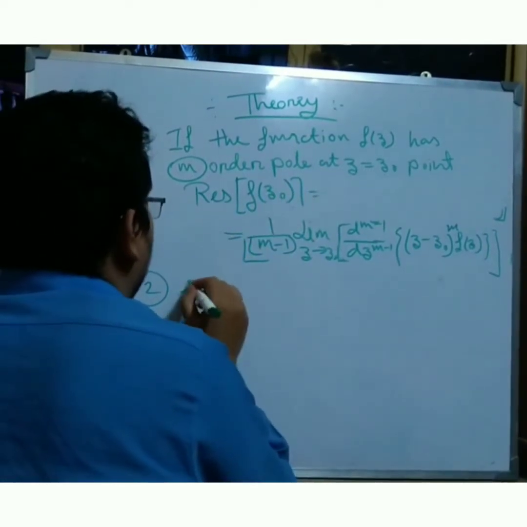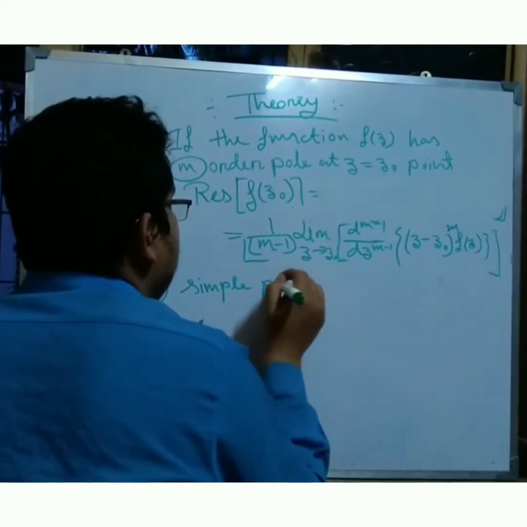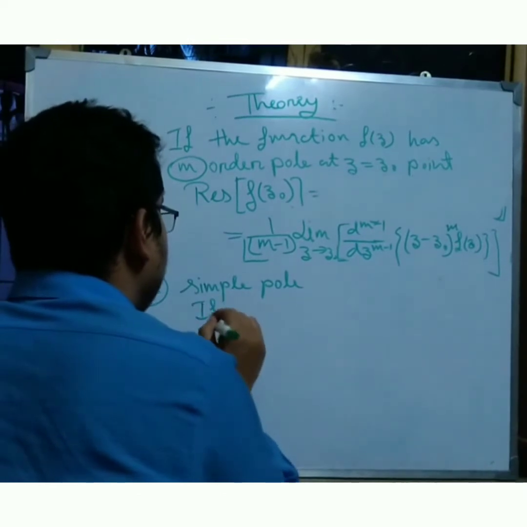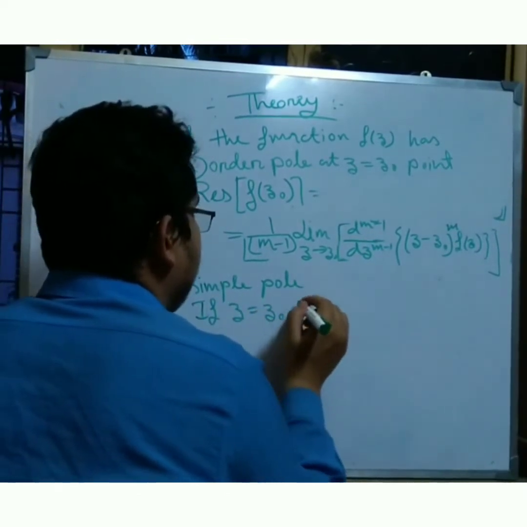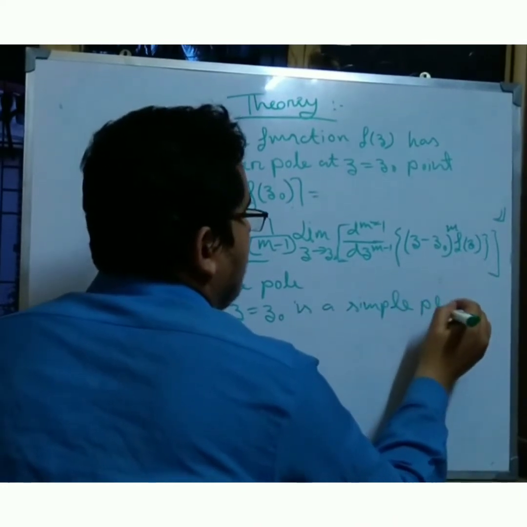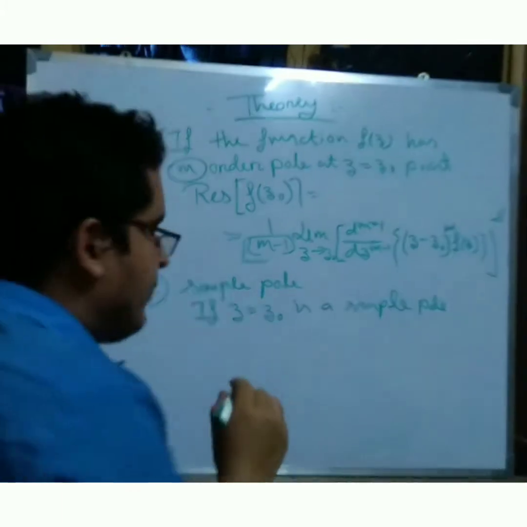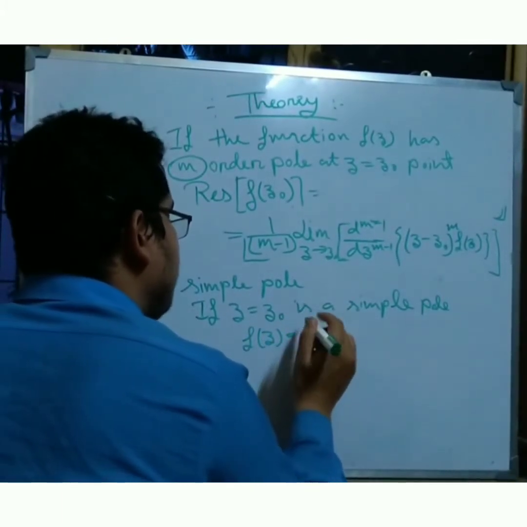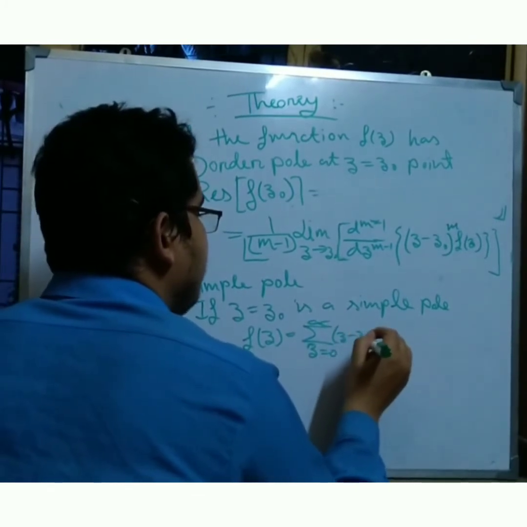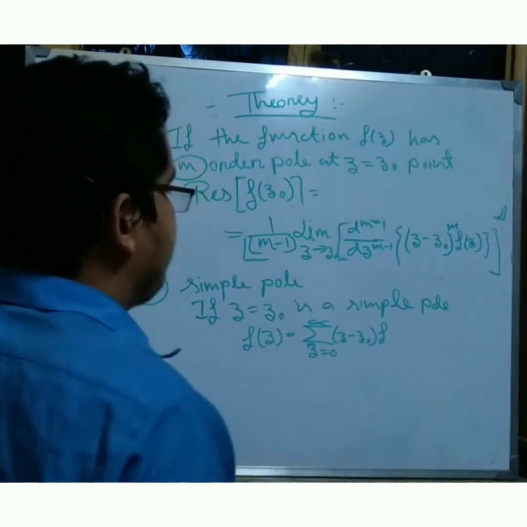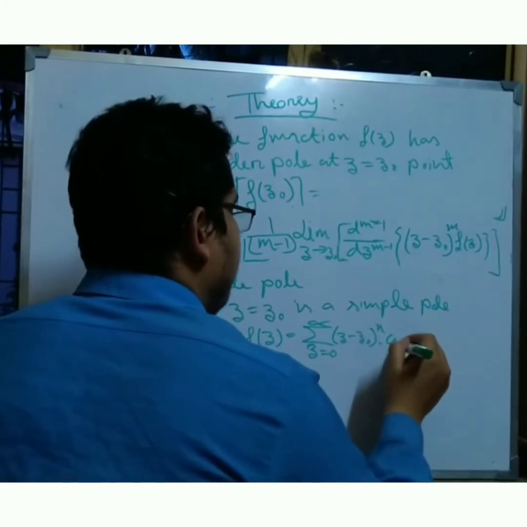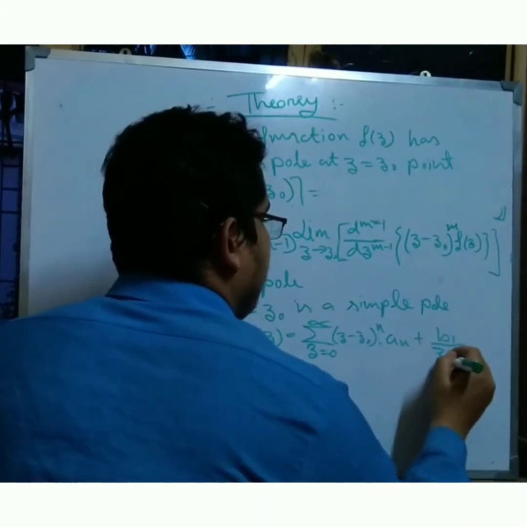for the simple pole. The simple pole formula: if z equals z0 is a simple pole, then the Laurent series can be written as the summation from n equals 0 to infinity of a_n (z minus z0) to the power n plus b1 by (z minus z0).